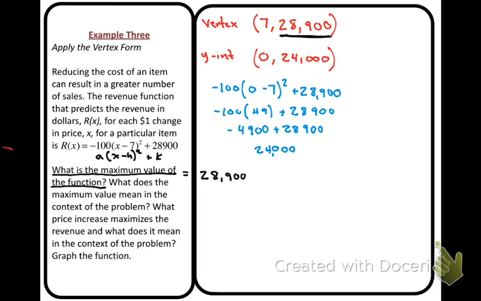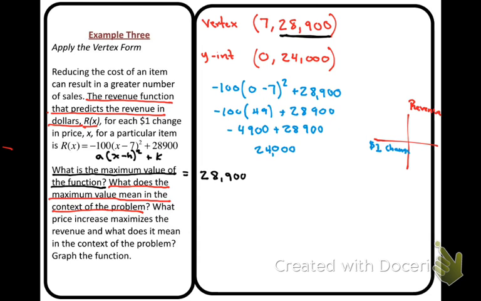Let's go to the next one. What does the maximum value mean in the context of this problem? So what does it mean? So it would help if we were to label the x and y values. So if we look, the revenue function that predicts the revenue in dollars, R of x, that means y. So R of x is revenue, and the x is every $1 change. So now what does the maximum value mean in the context of this problem?